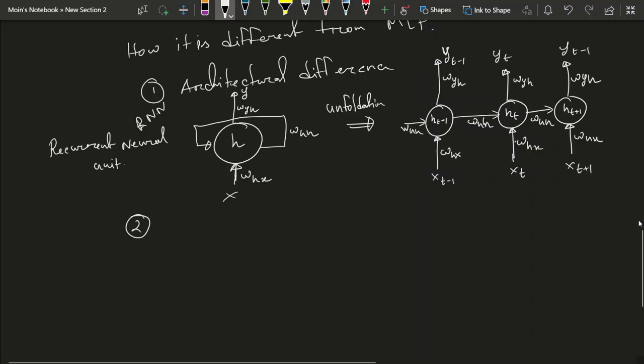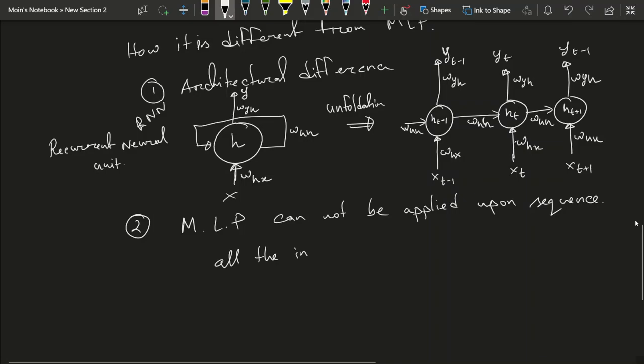And the second thing is that the multi-layer perceptron cannot be applied upon sequences because it cannot hold any kind of previous information. All the information passes from the input layer till the output layer in a single pass.